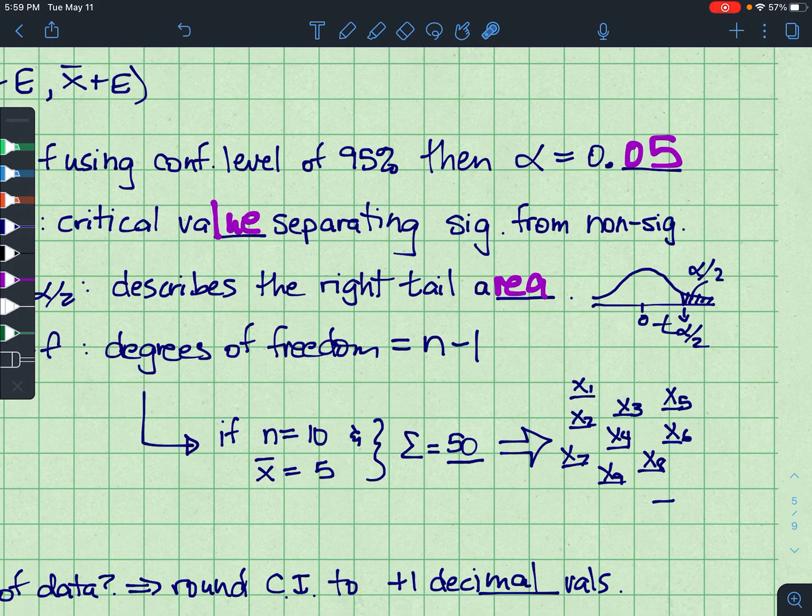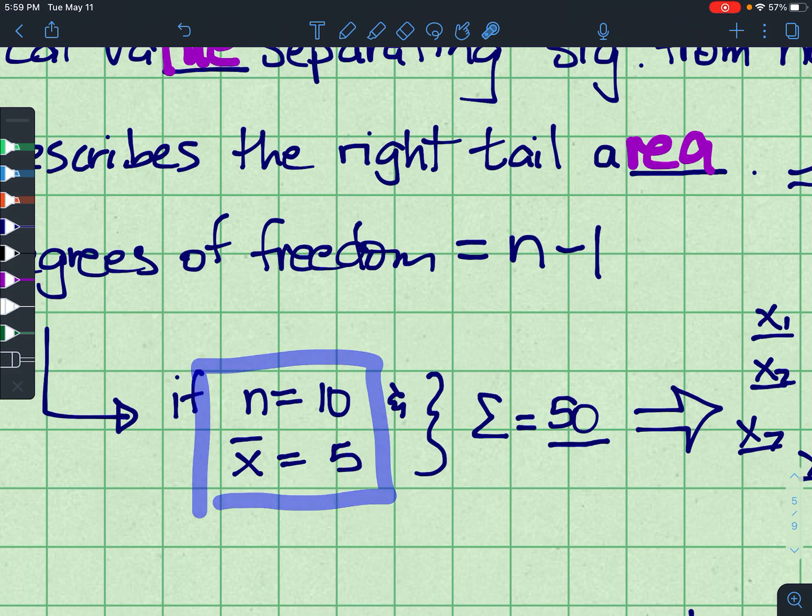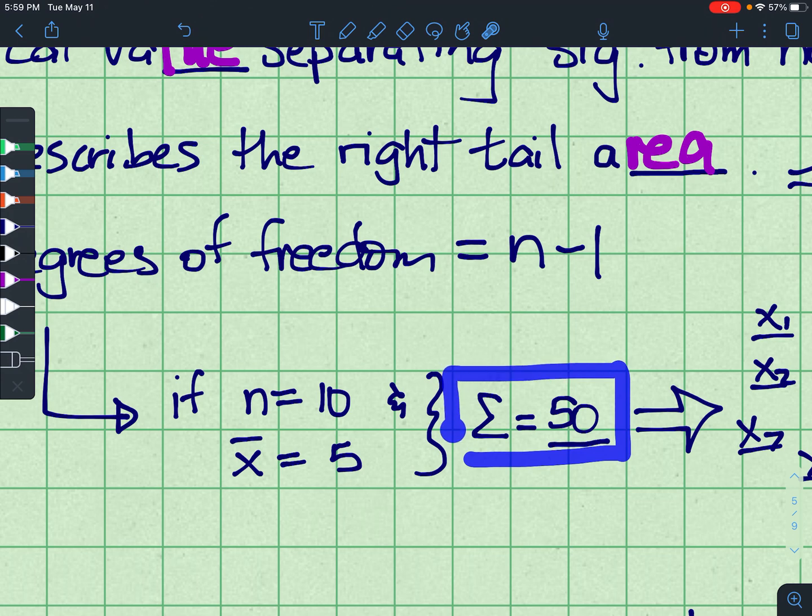If n equals 10 and x bar is 5, so the mean is 5 of these 10 samples, then our sum is going to be 50, right? 10 times 5.